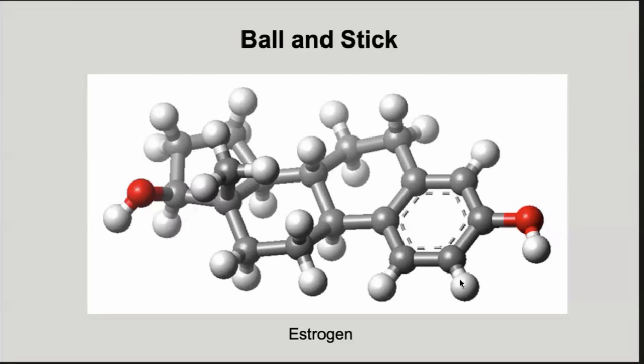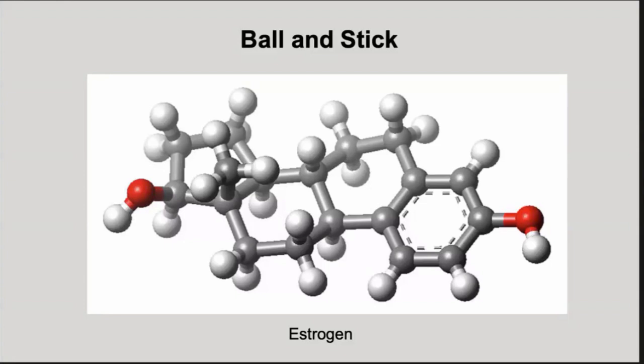Notice that all of the atoms are the same diameter. So even the white hydrogens are the same diameter as the dark gray carbons and the red oxygens. That's because in this type of ball and stick model, we're not really trying to represent the true size or the true diameter of the atoms. We're not using that van der Waals radius to represent the diameter of the atoms. Every atom is identical in size.